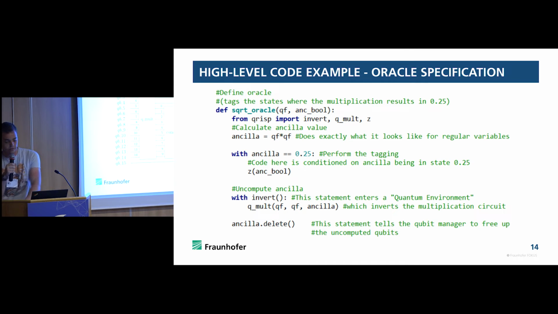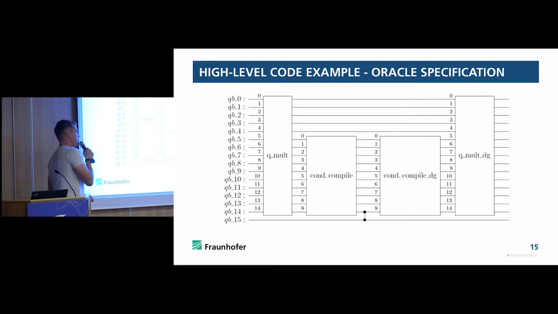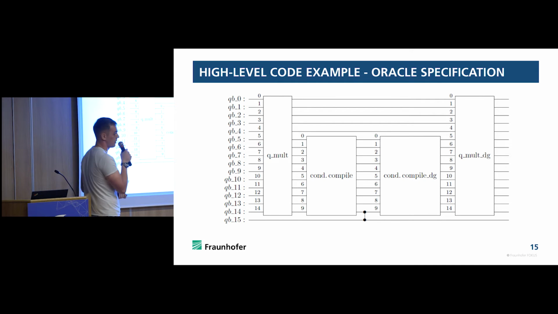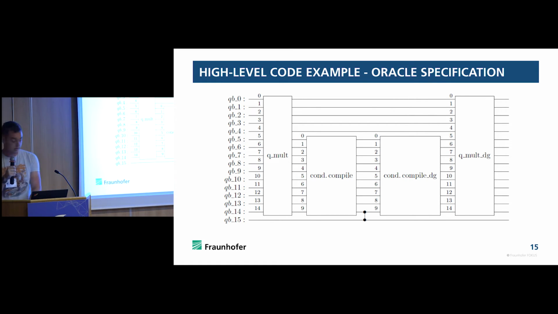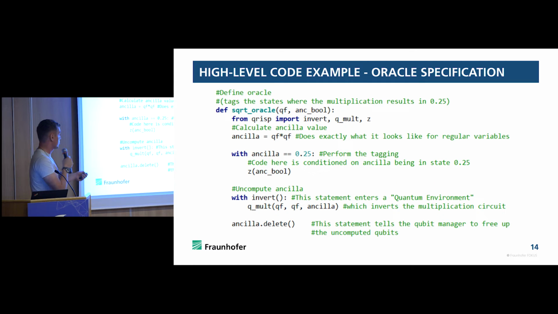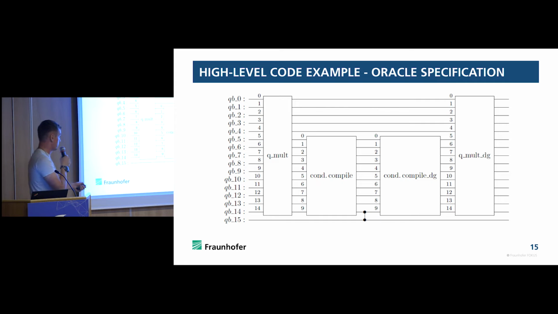And I will show you the circuit. We can see here what we saw in the high-level code. We see the evaluation of the multiplication. Then we see the compilation of the condition, this condition here. After the condition is compiled, this qubit contains the Boolean value of the condition.